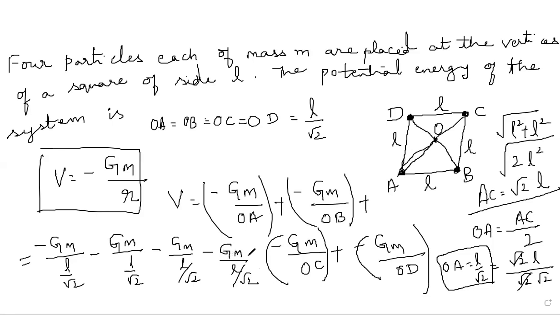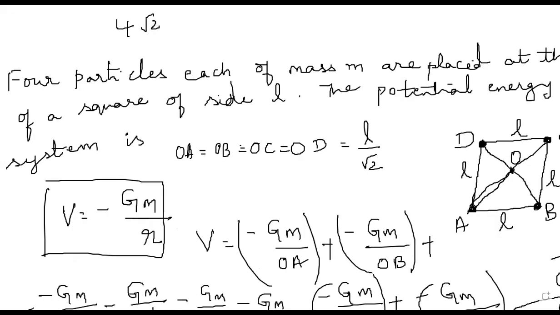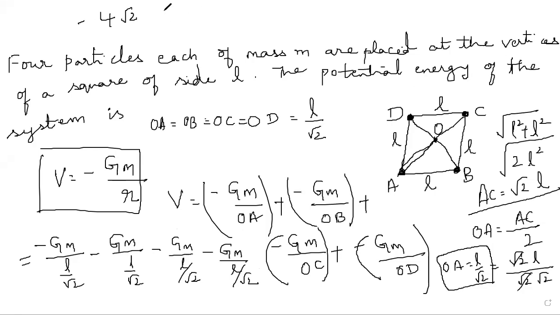So overall I will take the common minus GM divided by L by root 2, where root 2 goes to the numerator. So 1 plus 1 plus 1 plus 1 is 4. So what is your final answer? The final answer will be minus 4 root 2 GM divided by L. So this will be your final answer.